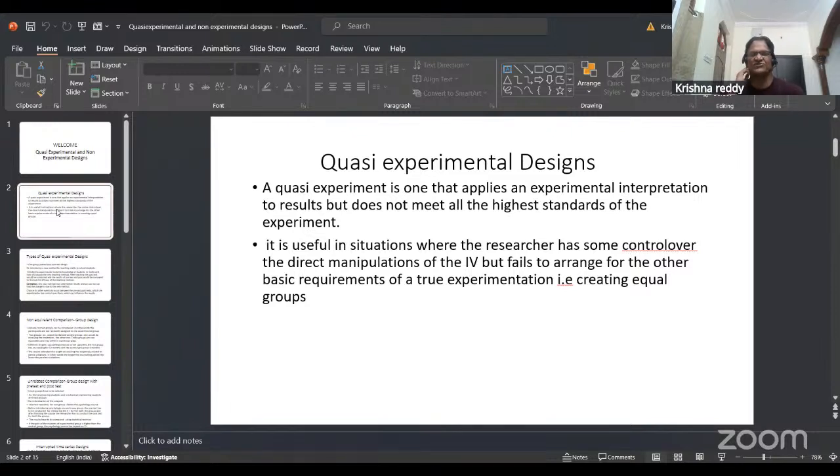So it is useful in situations where the researcher has some control over the direct manipulation of the independent variables, but fails to arrange for the other basic requirements of a true experiment, that is, creating equal groups. It may be very difficult to create equal groups because individual differences are there.